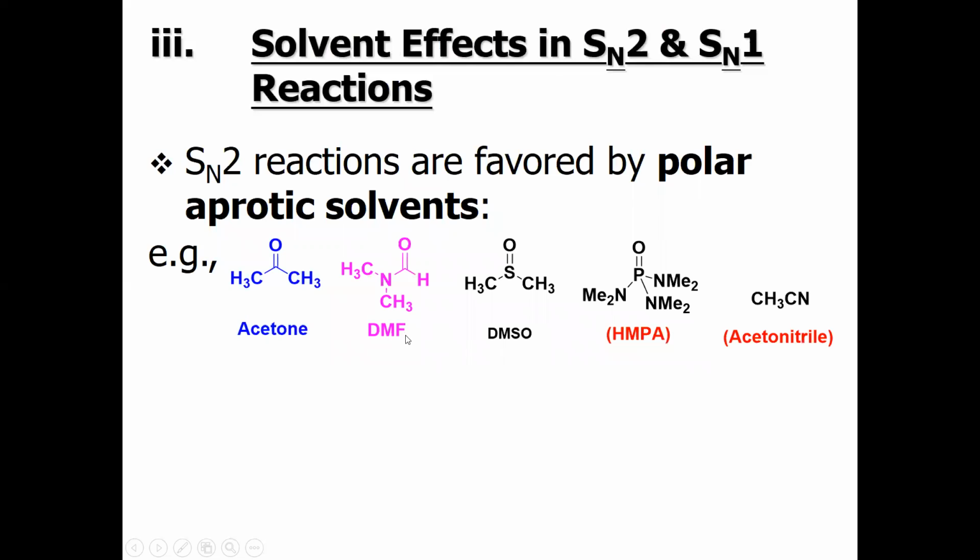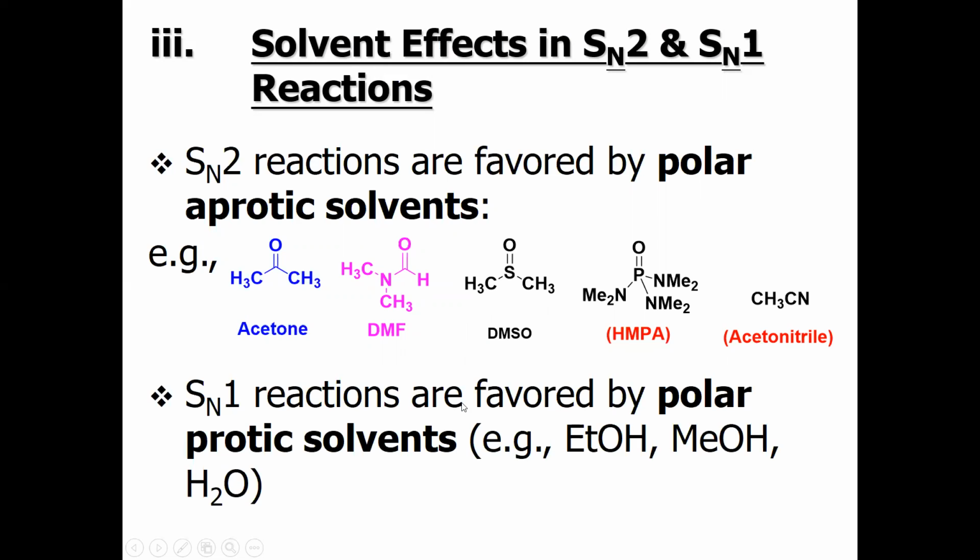Others are DMF, dimethylformamide, DMSO, dimethyl sulfoxide, HMPA, hexamethylphosphoramide, and acetonitrile. All these species are polar and aprotic because they do not interact with the nucleophile. Hence, polar aprotic solvents favor SN2 reactions.